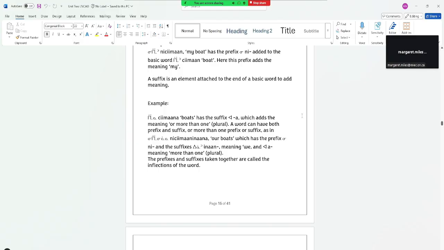So a word can have both a prefix and a suffix, or more than one prefix or suffix, as in nijimananan, our boats. So in front is ni, and at the end is inan, meaning we, and more than one.